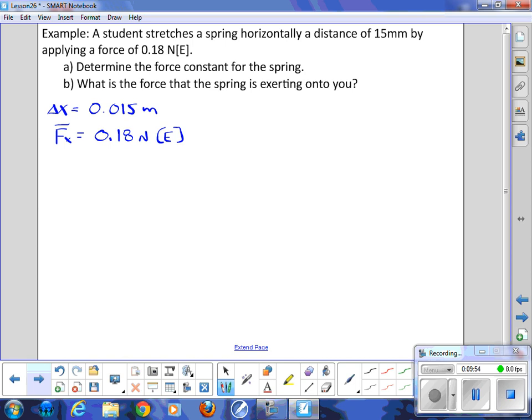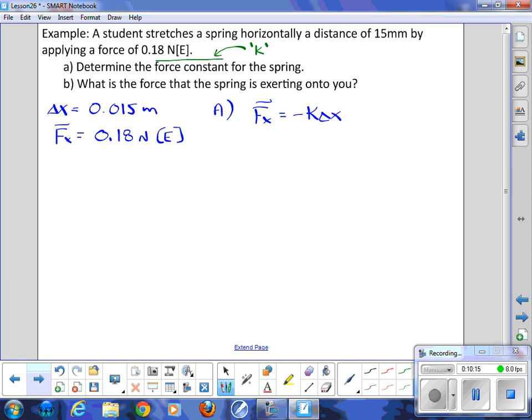So part A is, what is the force constant for this spring? Force constant is a fancy term for the value of k. This is our force constant. So for part A, Fx equals negative k delta x.